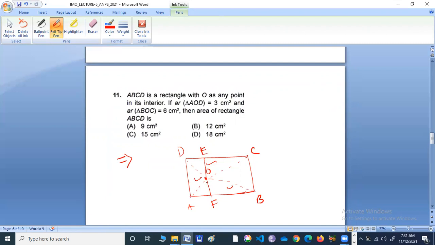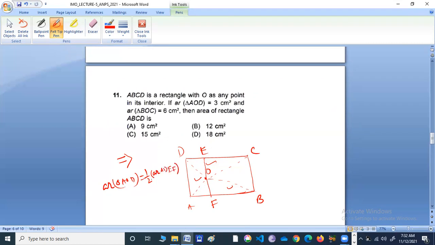Right? Because there is a theorem: between the same base and the same parallels, the area of a triangle is half the area of the parallelogram. Here parallelogram means here a rectangle. So area of triangle AOD is equal to half of area of ADEF.